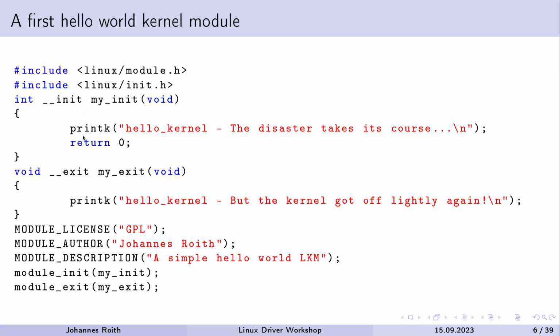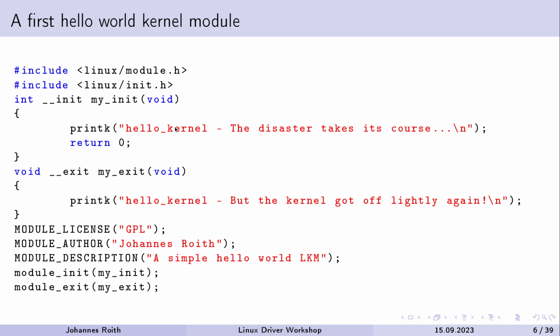Okay, and what we are doing here is we're just calling printk. We don't have printf available in the kernel because we don't have a standard output here. So we have to write it somewhere else. And where we will write it is the so-called Linux kernel log. I will show you in just a second how you can check the Linux kernel log.